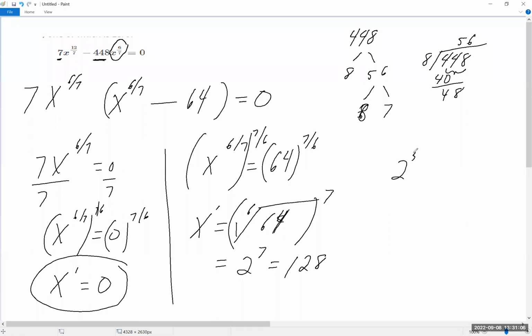I know 2 to the 5th power is 32, times 2 is 64, times 2 is 128. So yeah.